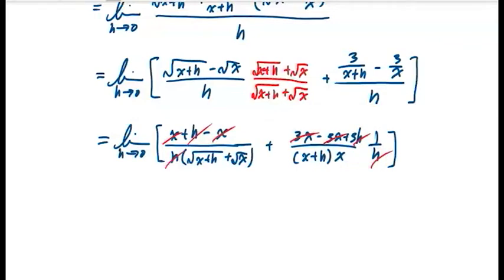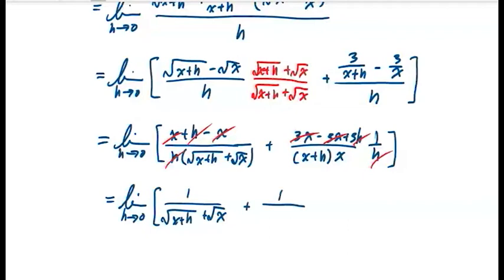So what we have left is the limit as h approaches 0 of 1 over square root of x plus h plus square root of x, plus, not 1, 3 over x plus h times x.